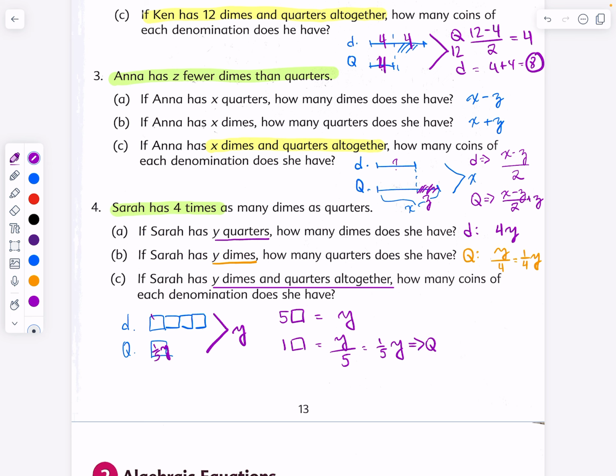And 1/5, 1/5, 1/5, 1/5 of Y altogether. So this is one answer. And that means 4/5 of Y is the number of dimes. I hope you're getting a hang of it. We will do a lot more translations, many more examples as you move forward in your study of algebra.